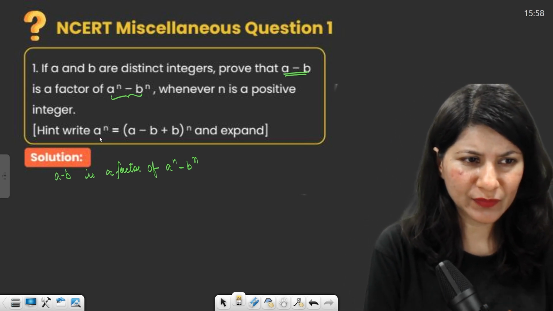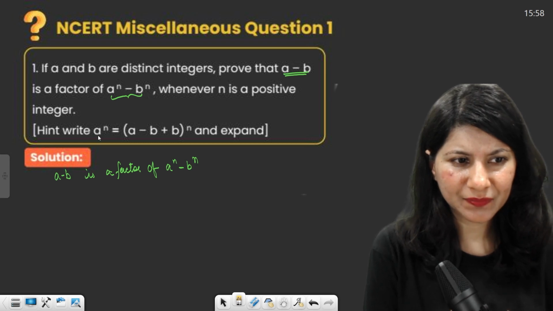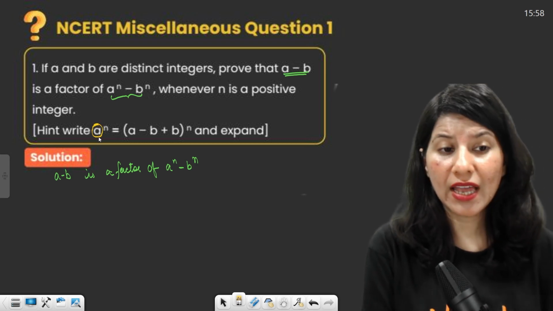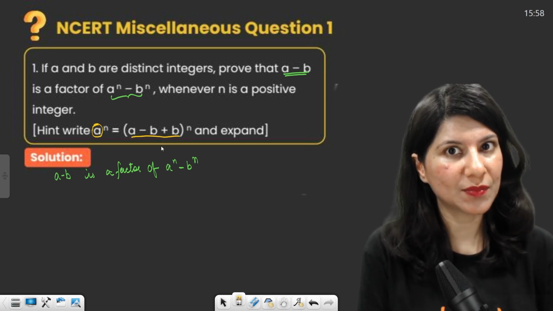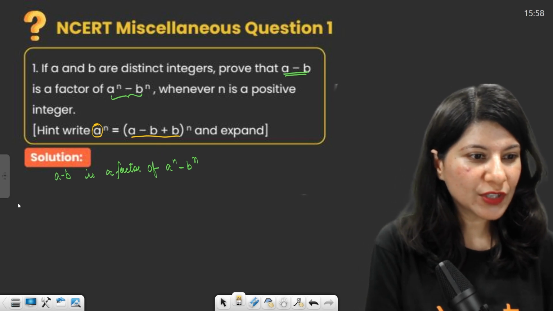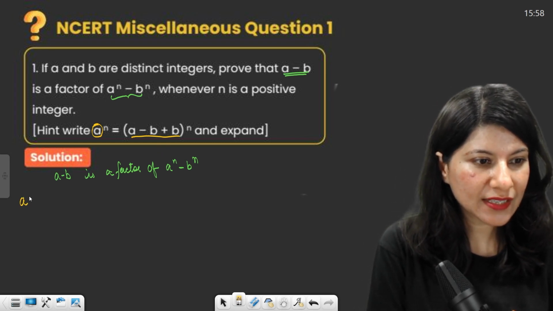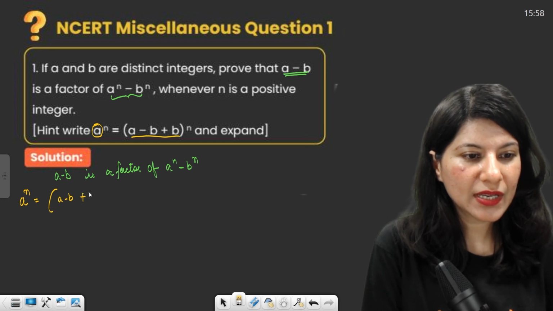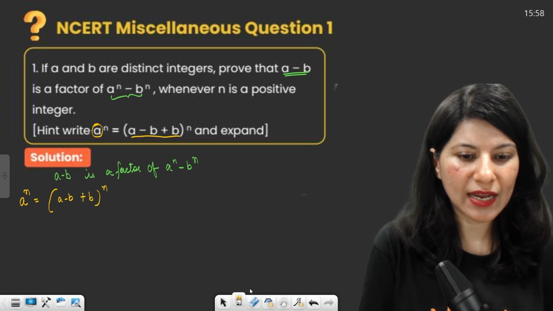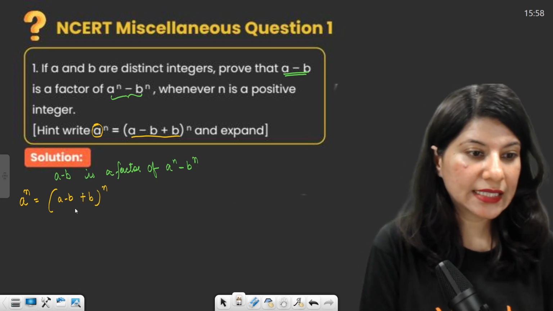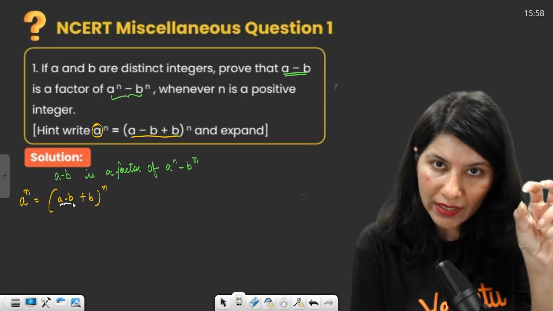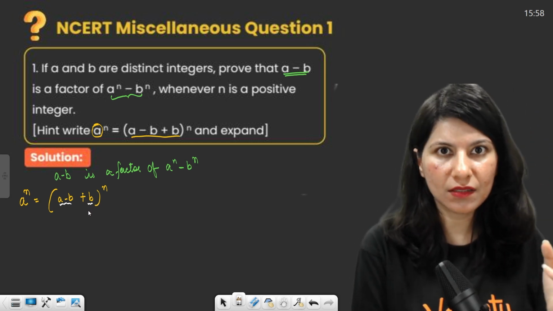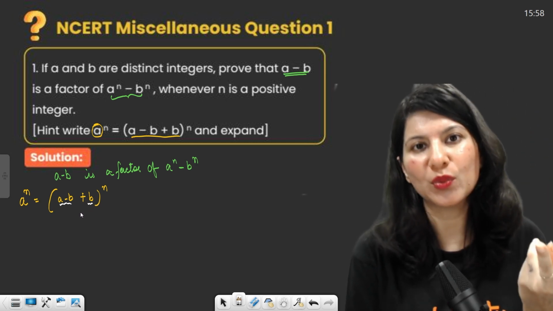To prove it, write a as a minus b plus b. So a raised to power n will be equal to (a minus b plus b) raised to power n, and I'm going to treat a minus b as one term and b as another term. That's why for the binomial you need two terms.